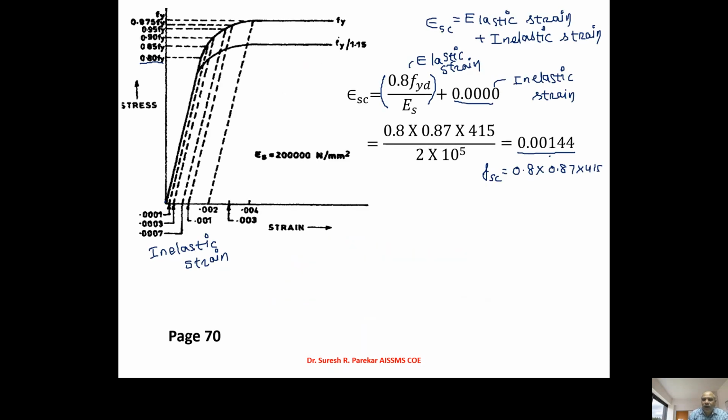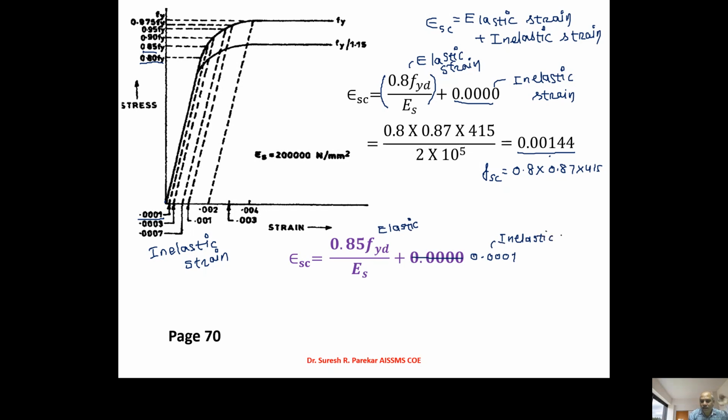So we have first 0.8 fyd. Next we have 0.85 fyd. Now we calculate epsilon sc as 0.85 fyd upon Es plus the inelastic strain, which here is 0.0001. The elastic strain is stress upon modulus of elasticity, and the inelastic strain is given in the stress strain diagram.